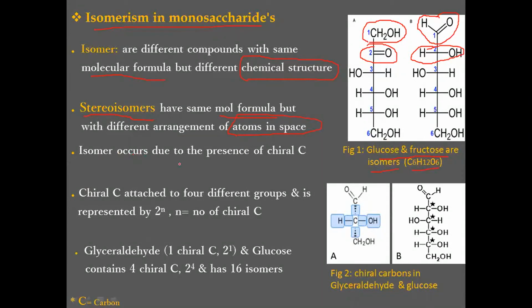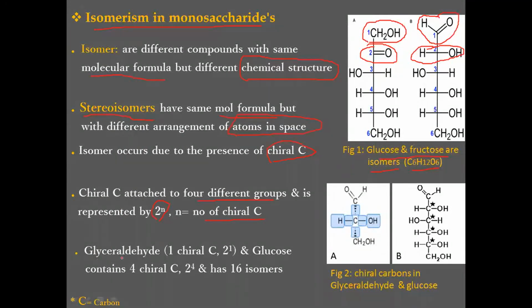Then how are isomers formed? Isomers occur due to the presence of chiral carbons. Chiral carbons are those carbons which are attached to 4 different groups, and the number of isomers is represented by 2^n, where n is equal to the number of chiral carbons.